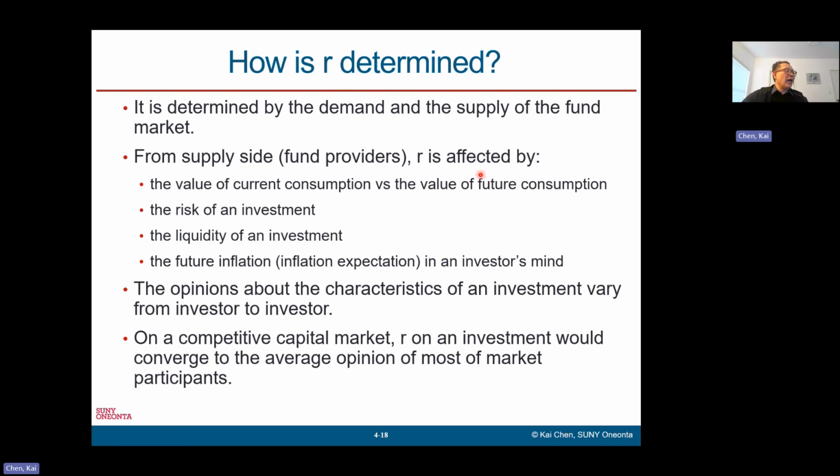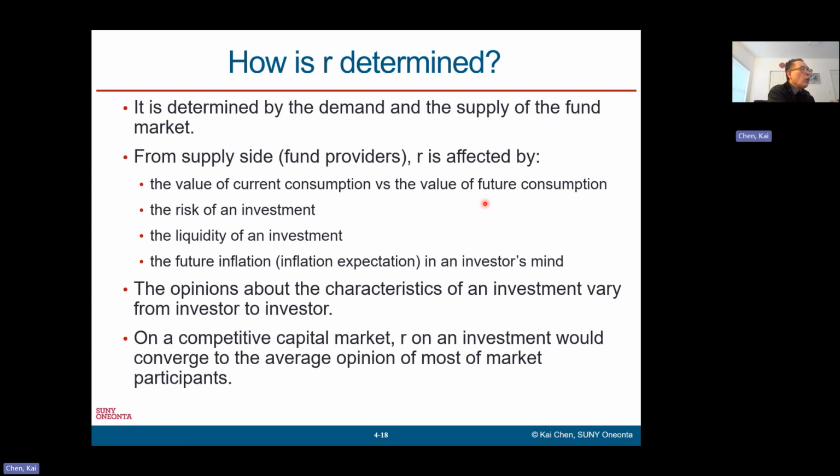R is affected, generally speaking, by these factors. First of all, the value of current consumption versus the value of future consumption. If you have $100, you can use this $100 to consume something, right? We call this consumption. Of course, you can use this $100 in an investment. Why do you do the investment?